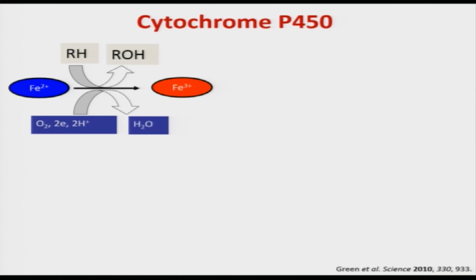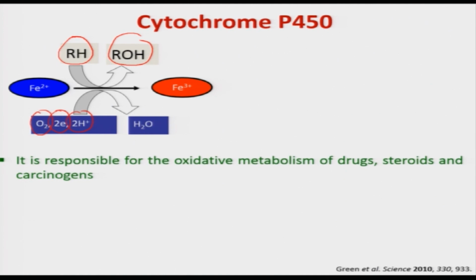Cytochrome P450, as I have discussed already, converts the substrate RH to ROH with the help of oxygen, 2 electrons and 2 protons, which eventually form water. And this is a very important enzyme for our body, for our life.